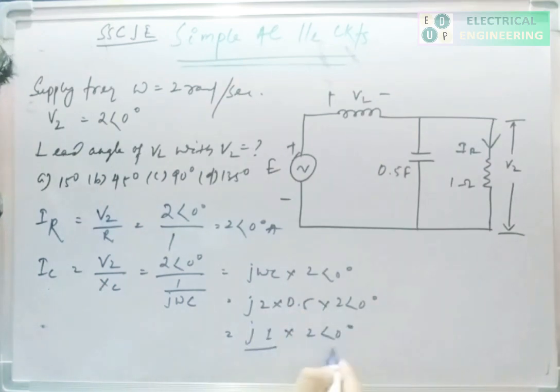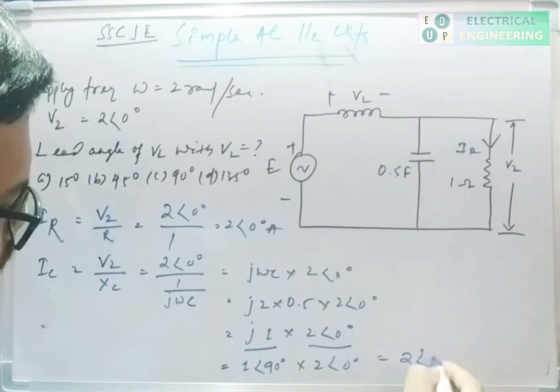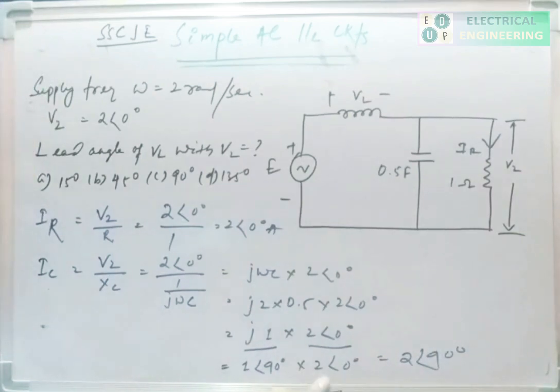It is in the complex form; just convert it into the polar form. So j1 will be 1 angle 90 degree, times 2 angle 0, that is 2 angle 90 degree. When we are multiplying, we add the phase values 90 degree and 0, that will be 90 degree, and 1 into 2 is 2.